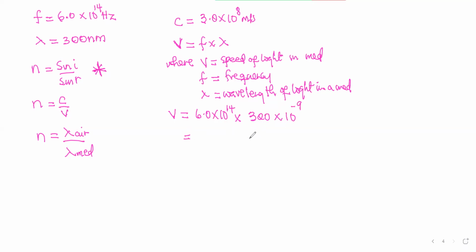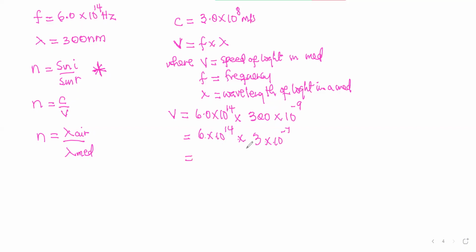So we have 6 times 10 exponent 14 times 3 times 10 exponent minus 7.